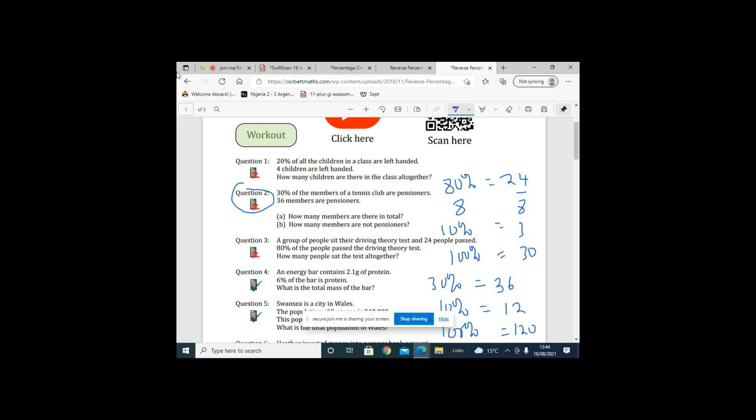It's 20. 20% is 40. Then when you divide 20%, you want 10%.